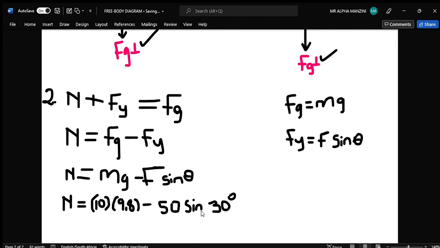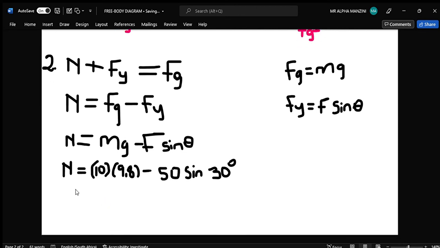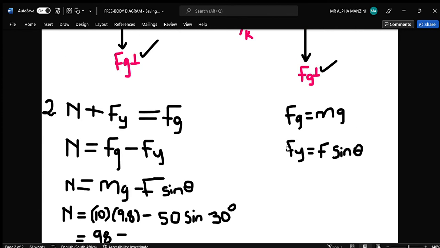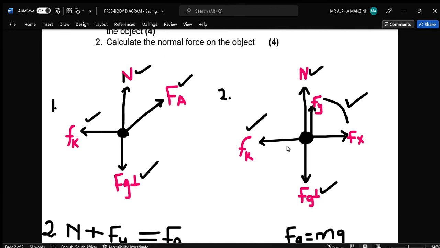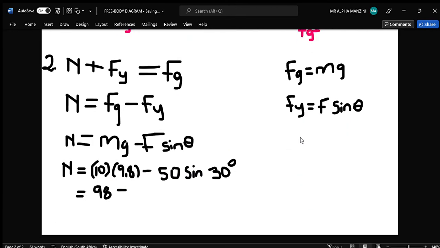So what is 10 multiplied by 9.8? That is gonna be 98. 98 minus, what is 50 sine 30? Remember sine 30. Okay, let me write it here. Remember this triangle.